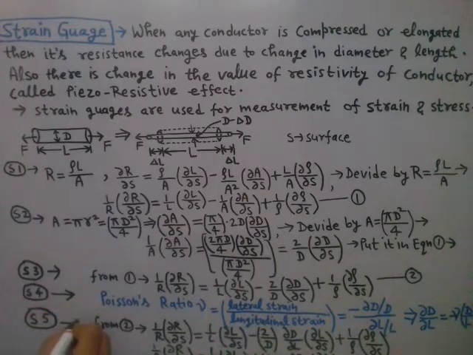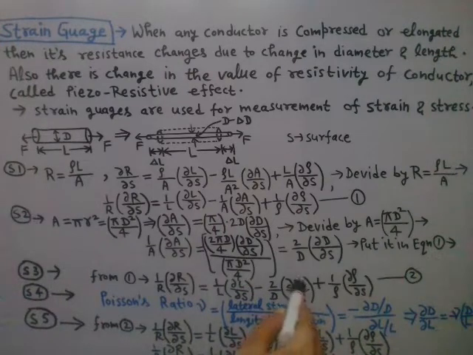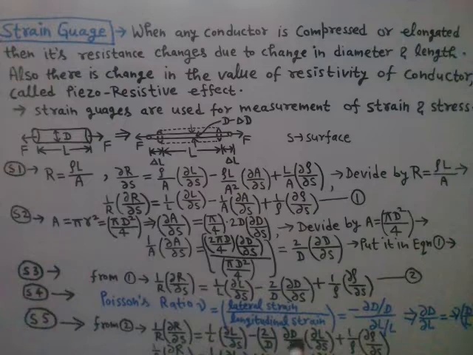Step number 5. So in step number 5, from equation number 2, I will write 1 by r del r by del s equal to 1 by L del L by del s minus 2 by d del d by del L. See, I am writing this del d by del s as del d by del L into del L by del s. I can write it. See what I did, in place of del d by del s I am simply writing del d by del L into del L by del s.